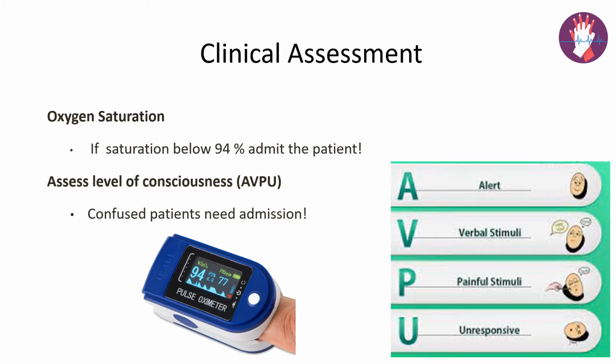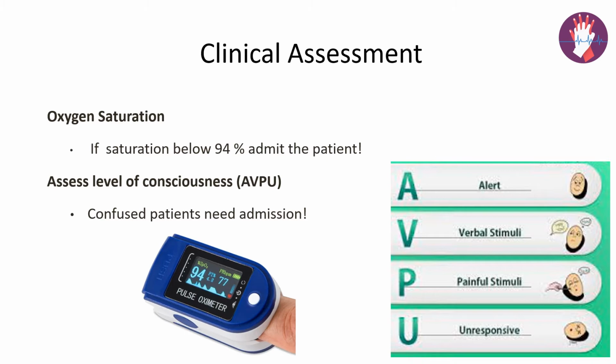Once the saturation drops below 95%, in the range of 94, 93% even at rest, that is a good time to transfer the patient immediately rather than wait until the patient is very sick, in which case the patient may not respond that well to treatment.